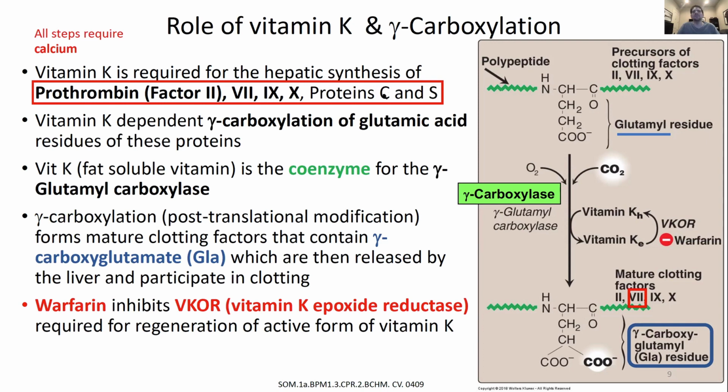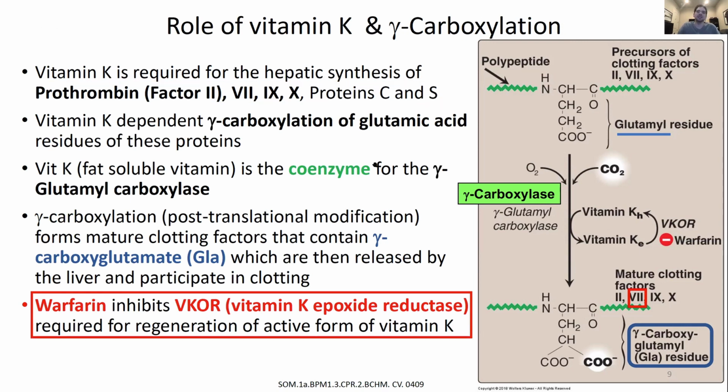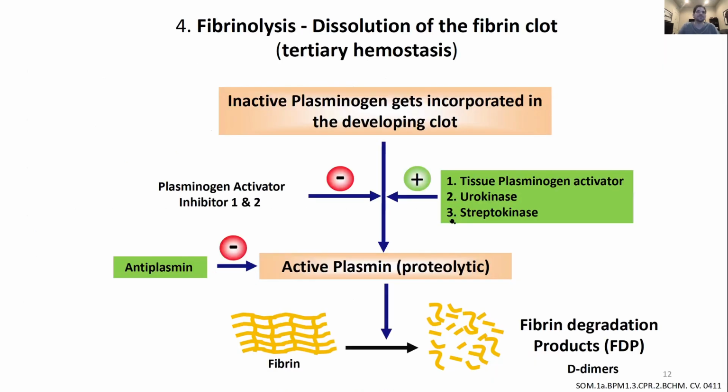And then protein C and S are going to be anticoagulants, but they also need vitamin K. Vitamin K is involved in gamma carboxylation. That's a good buzzword for you to remember. And then the medication you want to remember is warfarin, which directly inhibits vitamin K. So you can't actually recycle vitamin K because of warfarin. That's a medication. It's an anticoagulant that's used in a lot of people.